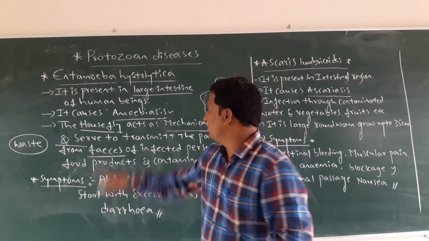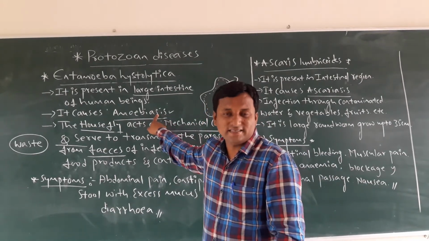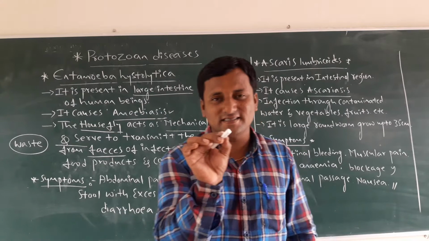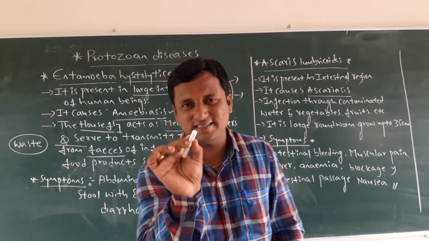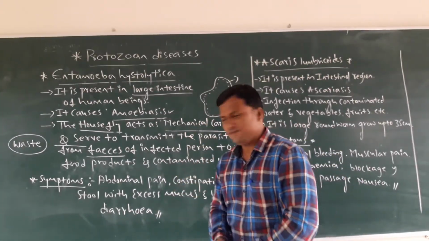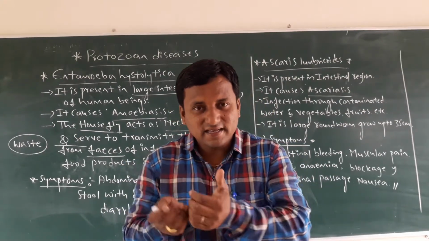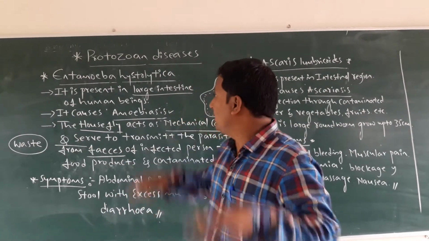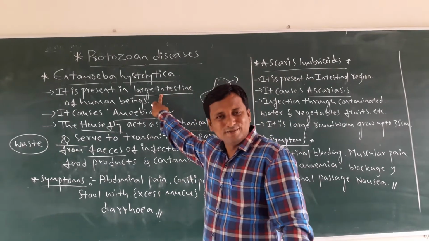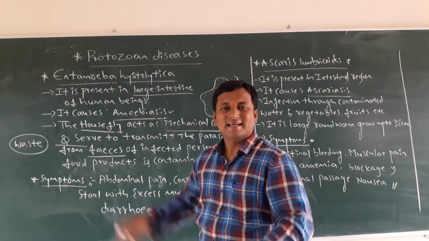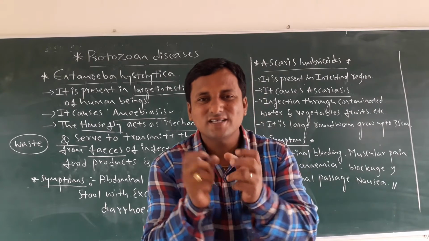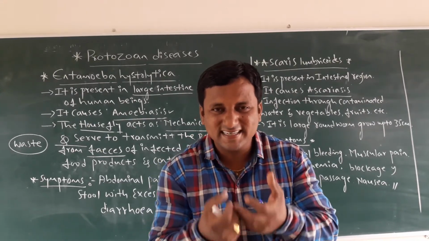That disease is called amoebiasis. Amoebiasis means amoebic dysentery. Then, what are the symptoms? After the parasite enters our body, where is it stored? It is stored in the large intestine. Then we have the symptoms, and we get the disease.